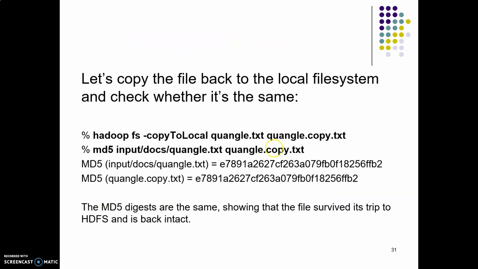We make use of one more command, copyToLocal, and here we use md5 to copy the file from HDFS back to the local file system and check whether it is the same. We see that the checksums we are seeing here are both the same.